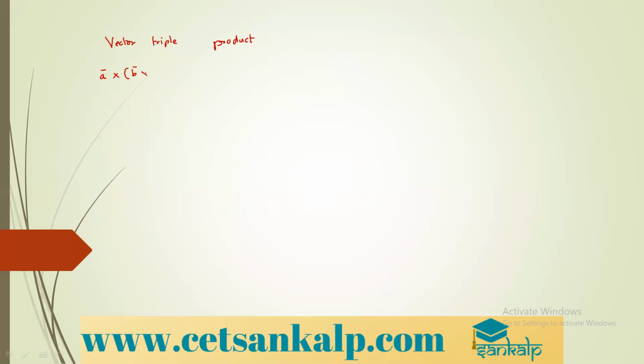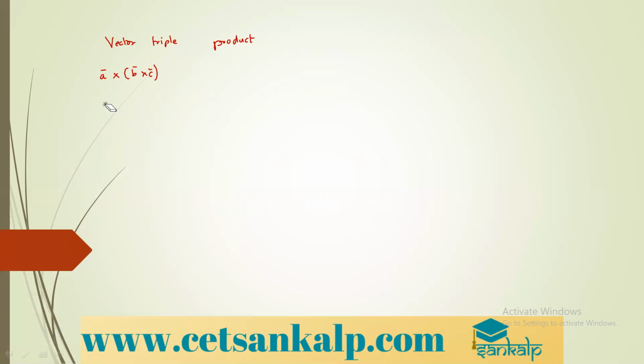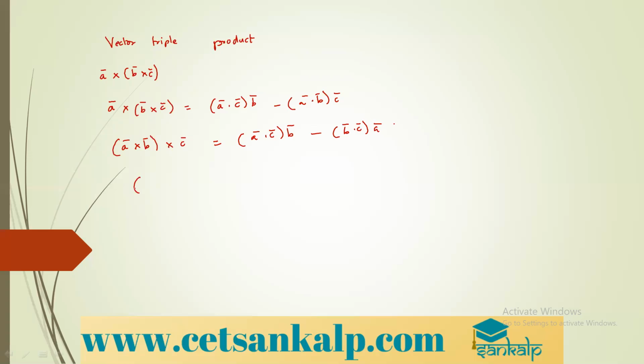That is A cross B cross C. So now A cross B cross C you can find by taking A dot C into B minus A dot B into C. Again, A cross B cross C can be found by taking A dot C into B minus B dot C into A. So clearly we can see that A cross B cross C is not equal to A cross B cross C in general.